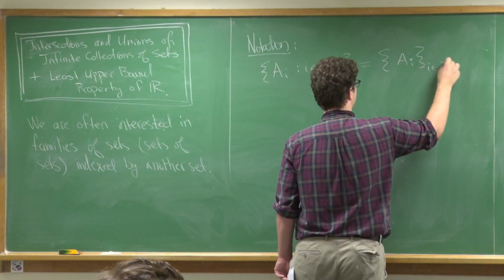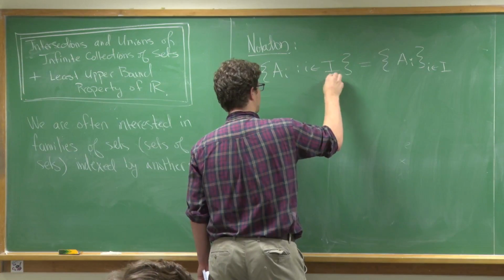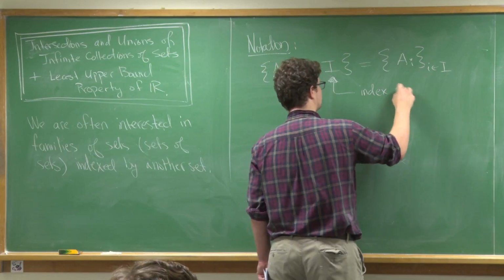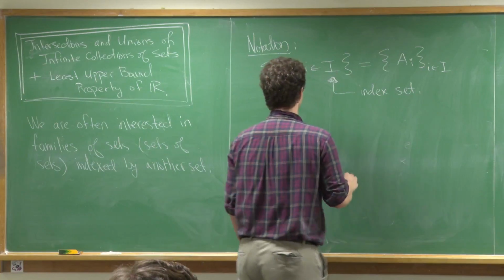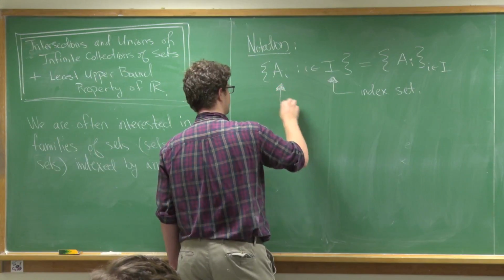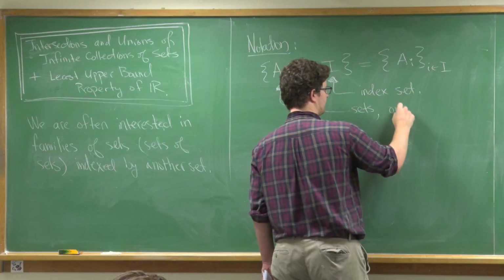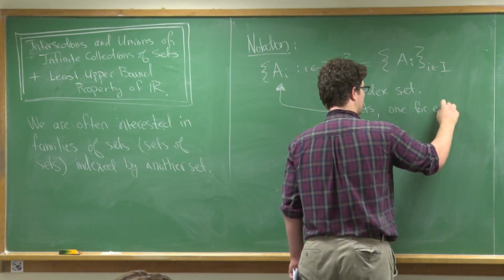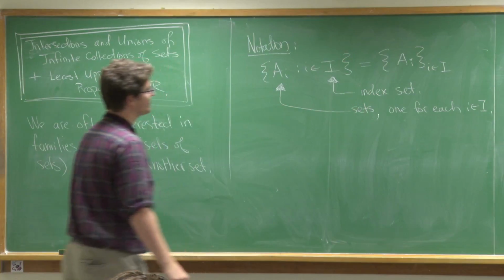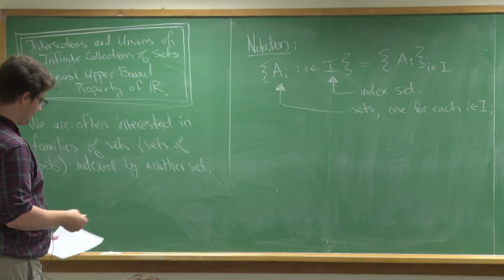So this I here, this particular I, this is the index set. And these guys here are the sets, and there is one for each i in I. Okay, so we're going to form sets of sets. So this is what a collection of sets is.